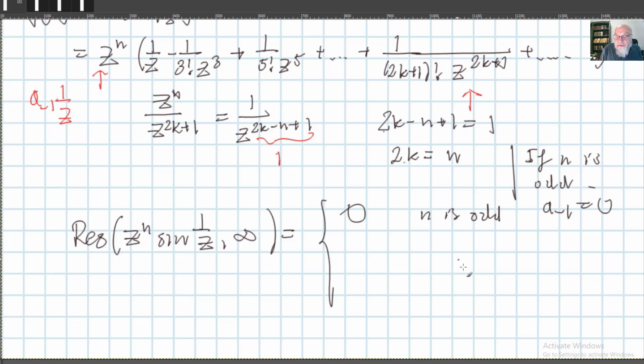But if n is even, if n is equal to 2m, then k is equal to m, and this residue will be equal to minus 1 to the power m divided by 2m plus 1 factorial. We computed this residue in two cases, so we got it.